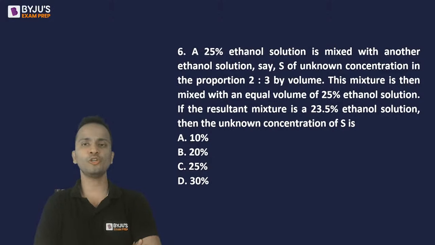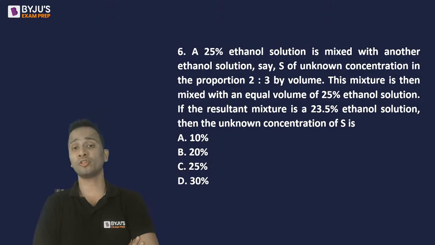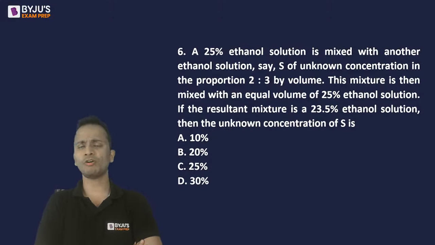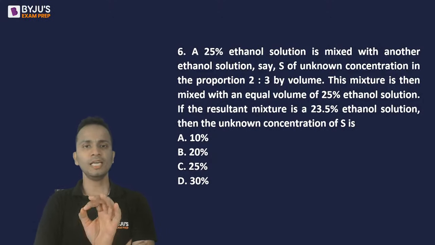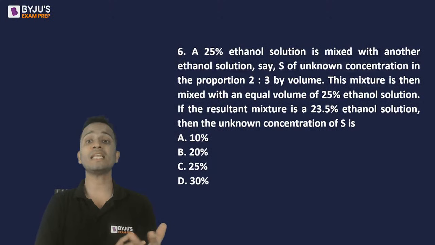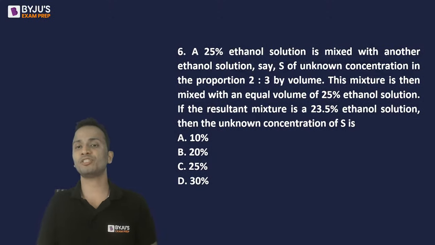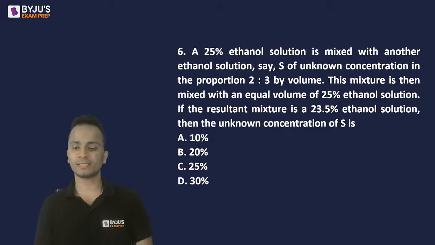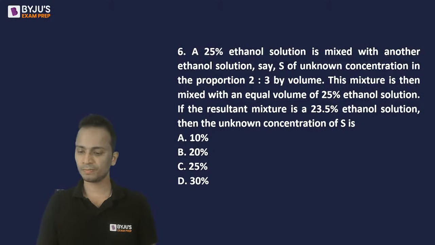A 25% ethanol solution is mixed with another ethanol solution, say S, of unknown concentration, in the ratio 2 is to 3. Now, this mixture is then mixed with an equal volume of 25% ethanol solution. If the resultant mixture is 23.5% ethanol solution, then the unknown concentration of S is how much?